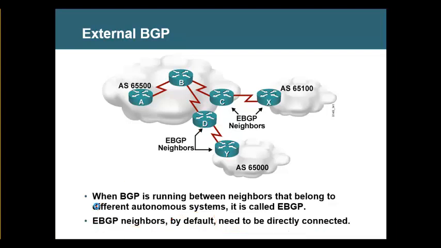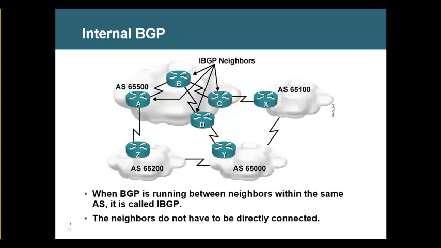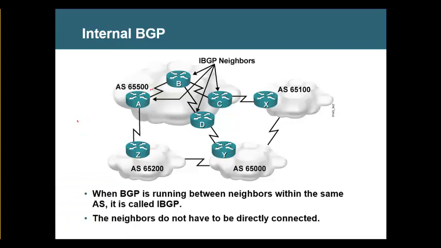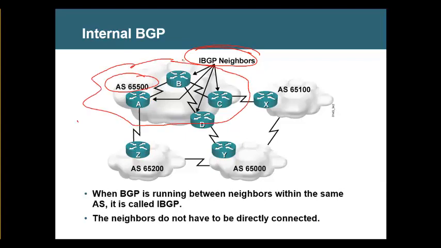IBGP: the BGP that is working between the routers that belong to the same autonomous system. And this neighbor need not be directly connected. Meaning, I can form a neighbor with A and C without having BGP in B, which is not possible in OSPF.